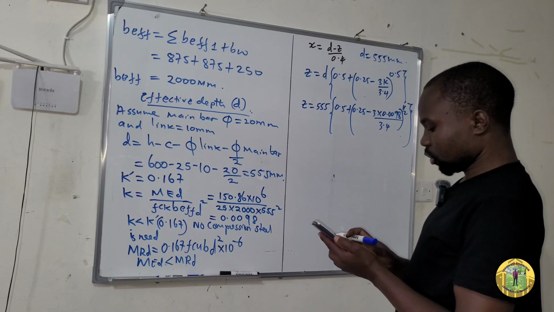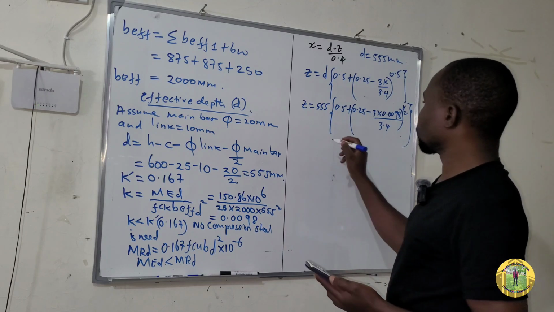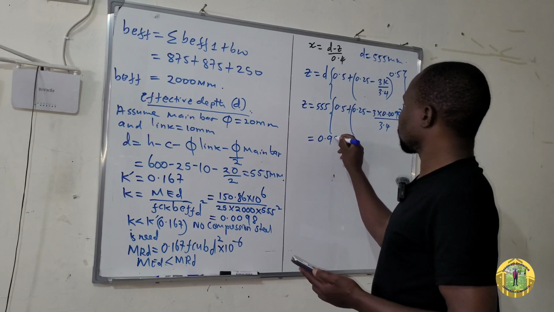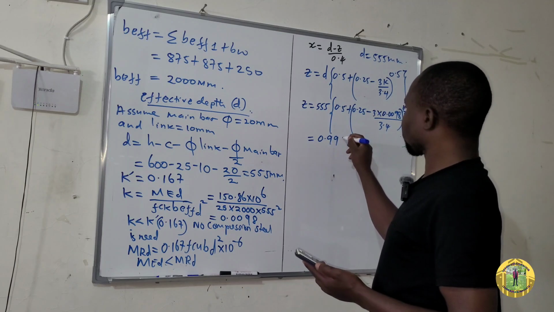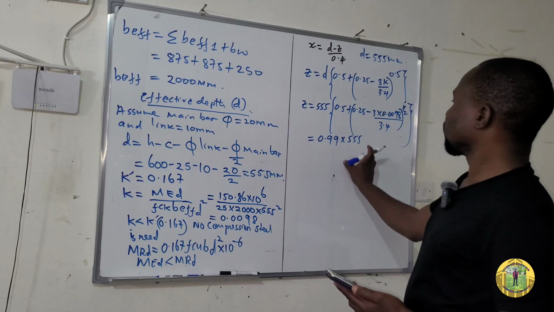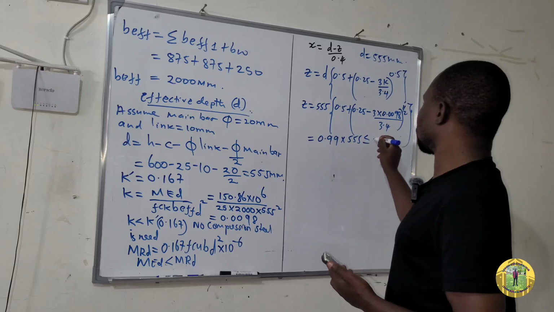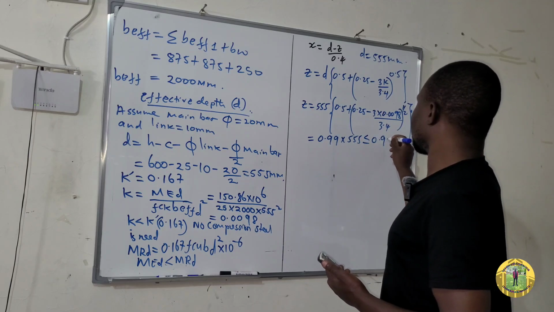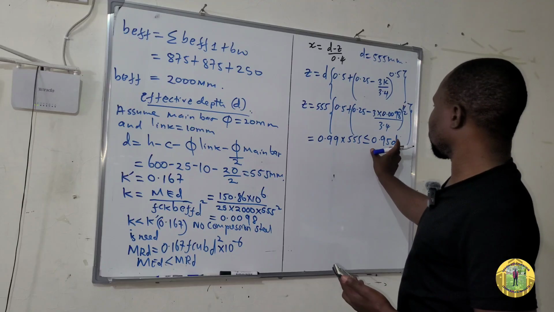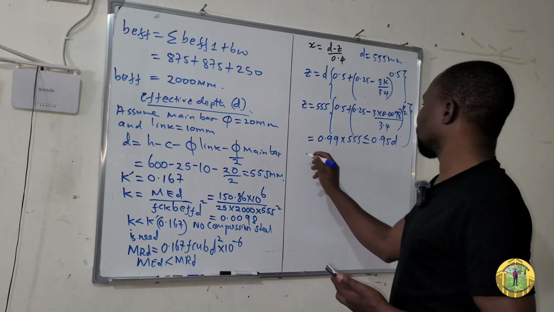Then plus 5, 0 plus 0.5. So this is equal to 0.99 times 3.5. This is beyond the limit. So the limit should be less or equal to 0.95 D. So if it is beyond the limit, then we adopt 0.95 D.